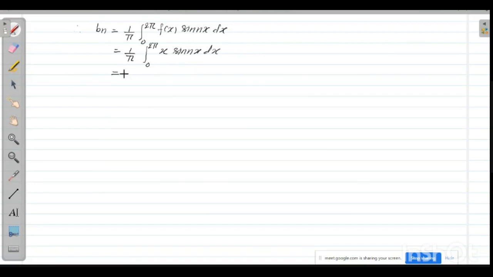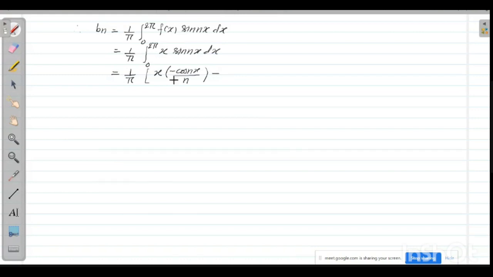So this is equal to 1 upon pi. Here u is x and v is sin nx. So u, that is x, integration of sin, that is minus cos nx, and divide by their coefficient n.